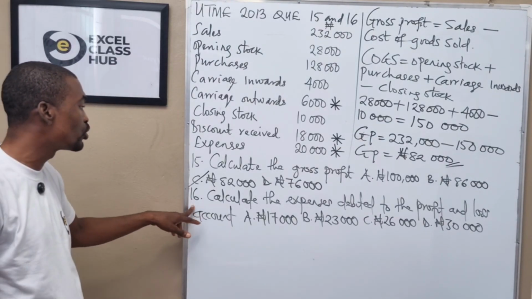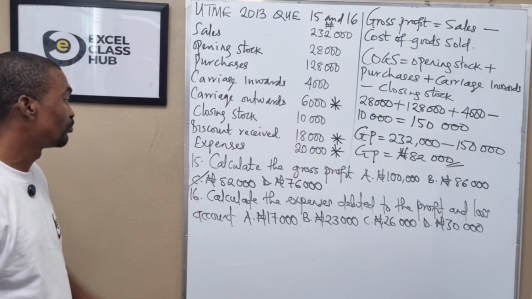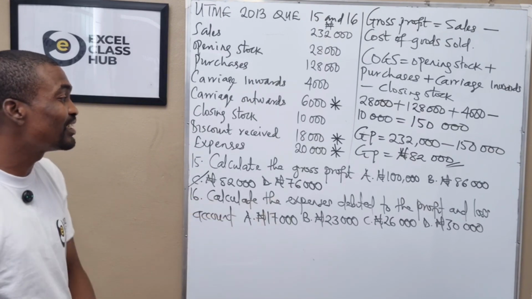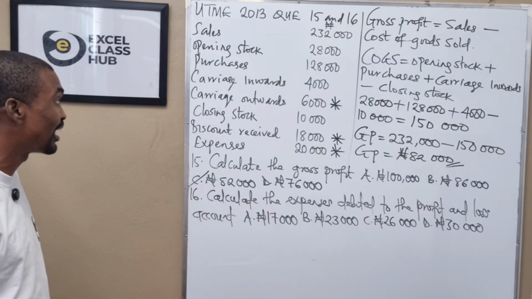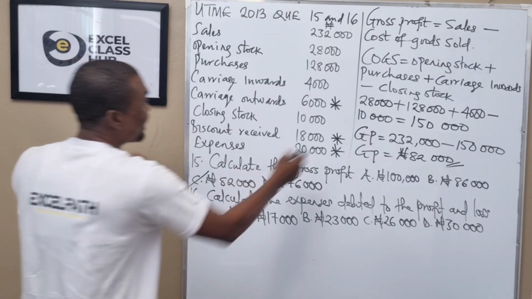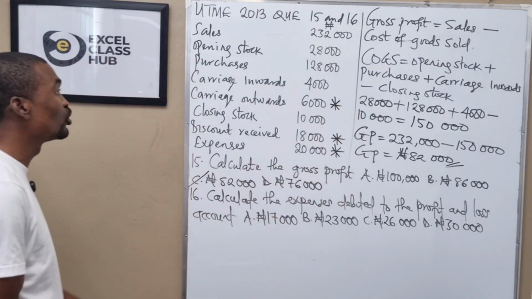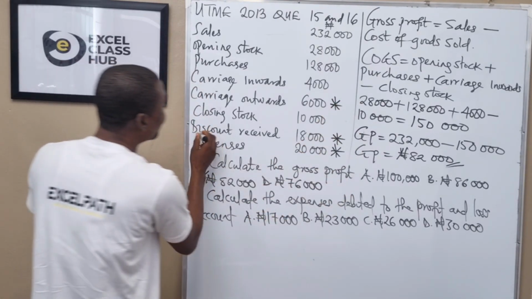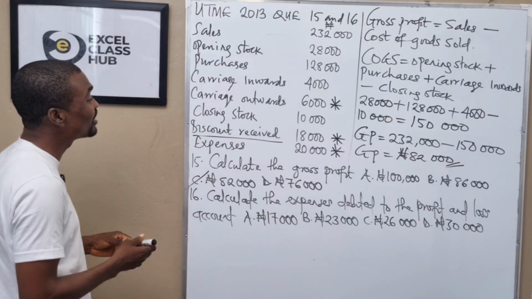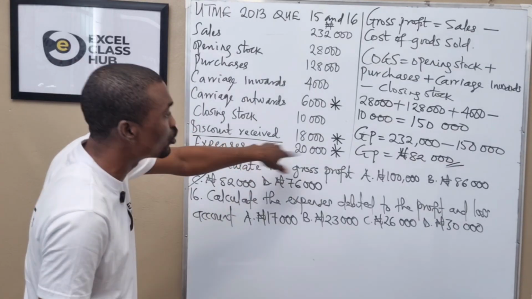Okay, so we move straight to question 16. We are asked to calculate the expenses debited to the profit and loss account. So these three items are asterisked. I said they are going to the profit and loss account, but discount received will be added to gross profit.